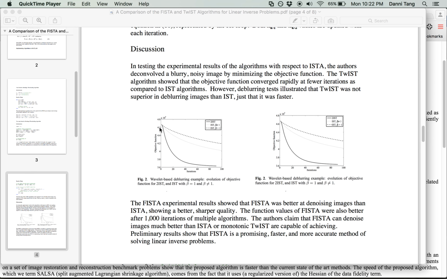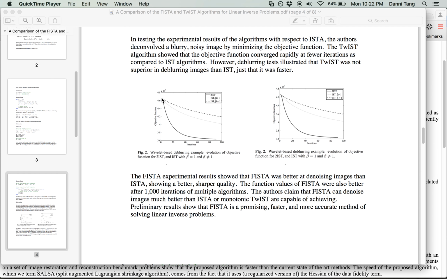And so in these graphs, you can see that it's much faster. The black solid line is the objective function evolution. So you see that the dotted line and the grayed outline are the IST algorithms. So this one converges faster and at fewer iterations.